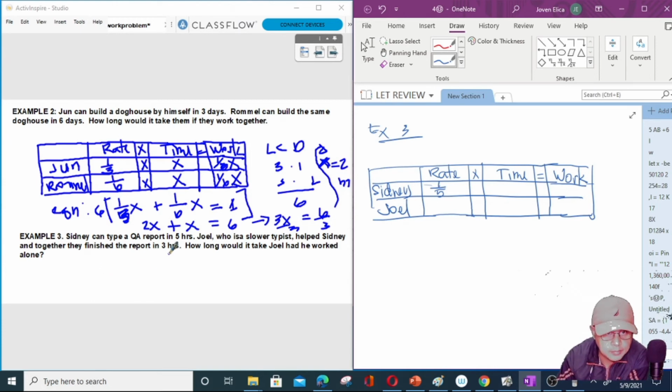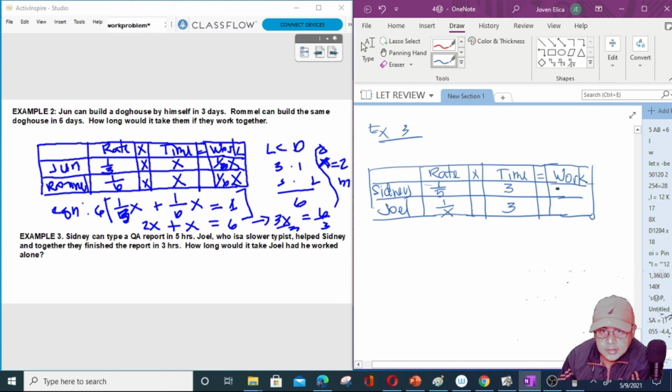This is the given time. But how long would it take Joel if he had worked alone? So that means the rate of Joel is 1 over x. The x is the time for Joel to work alone. If they work together, their time is 3. Both of them are the same 3 hours.